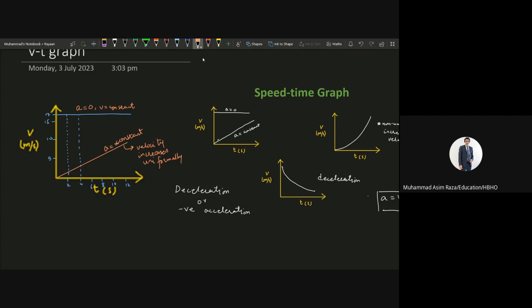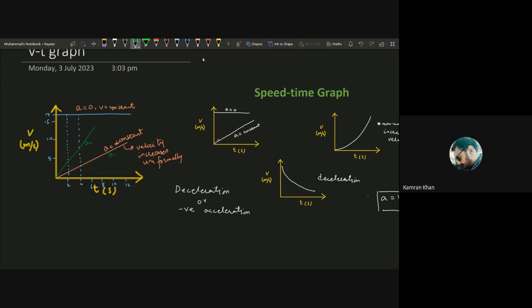So in the paper you have to write down that for a straight line, if it is tilted, velocity is increasing uniformly and acceleration is constant over here. If I draw another line, a green line, you know that it is also a straight line. If this acceleration is a1 and this acceleration is a2, which acceleration is bigger, a1 or a2?